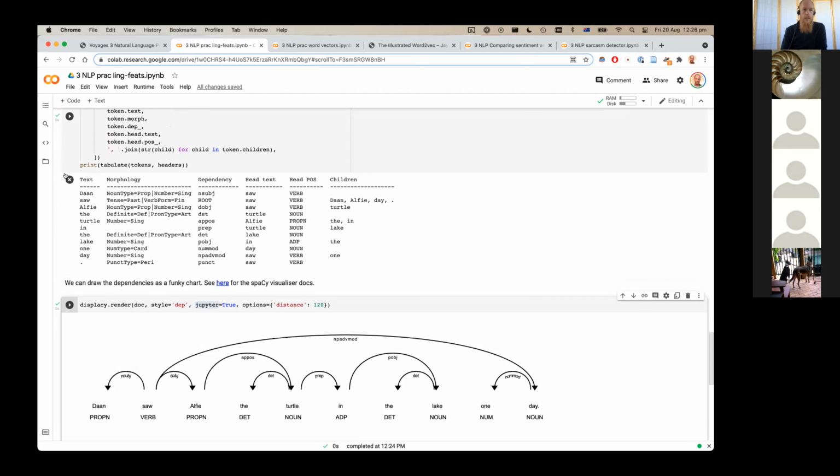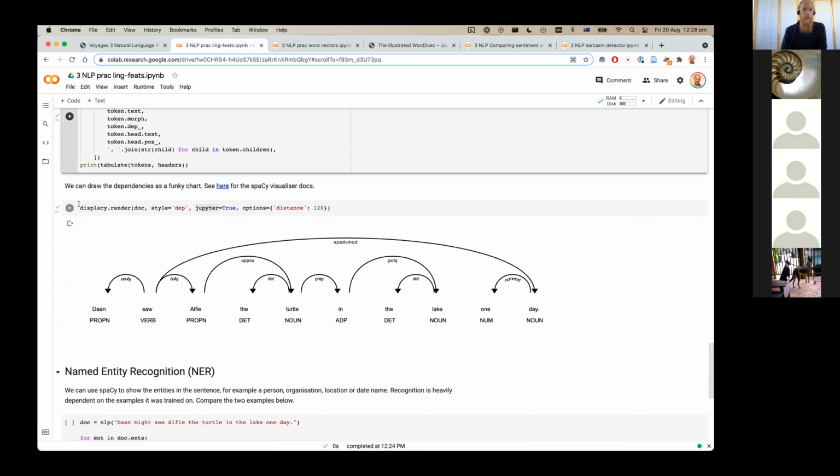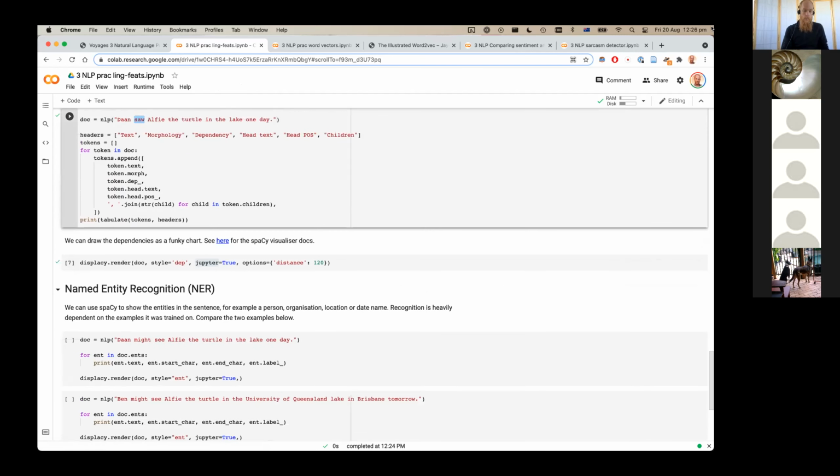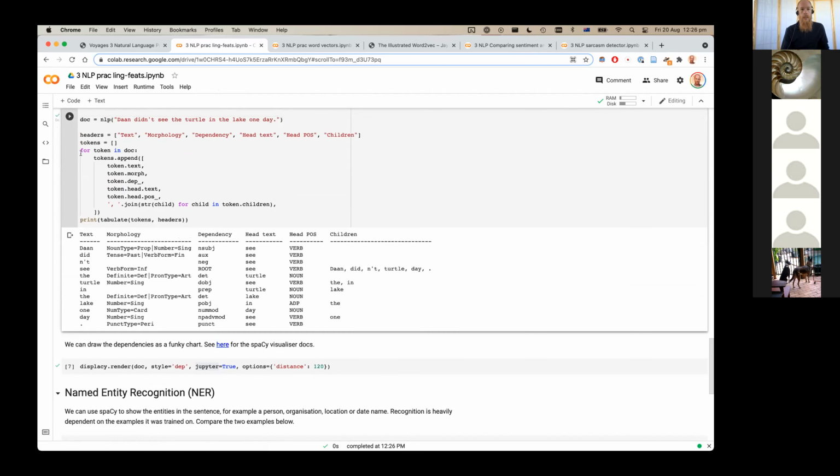Let's say I change the sentence there. I'll put that Dan didn't see the turtle. I can change it fairly minor. A fairly minor change is going to change the dependency graph around.